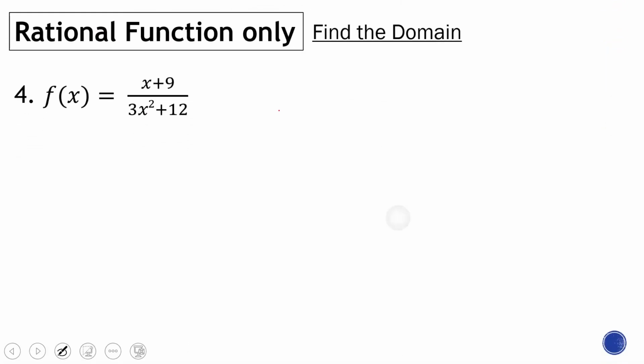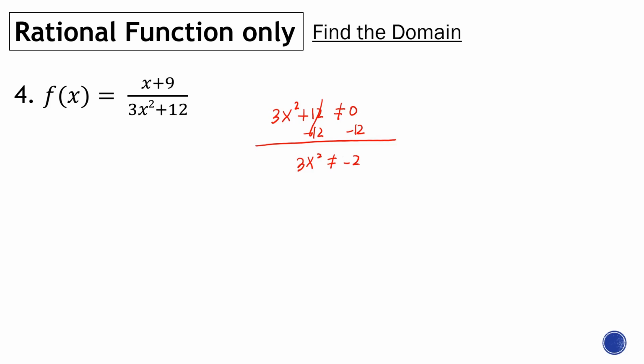Here we have 3x squared plus 12 cannot be equal to 0. So we subtract 12 on both sides. 3x squared cannot be equal to negative 12. Negative 12 divided by 3.